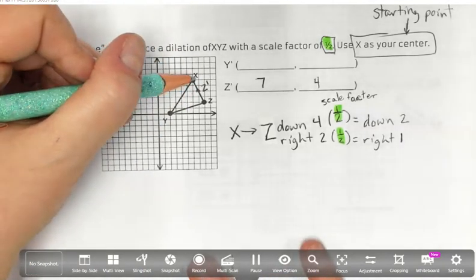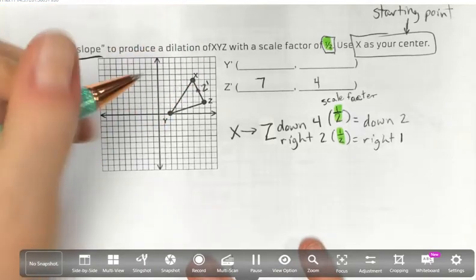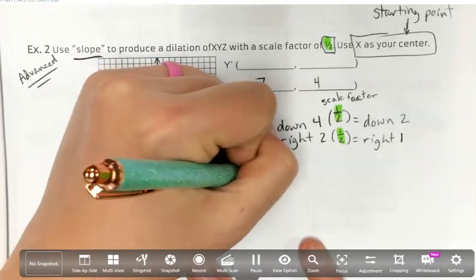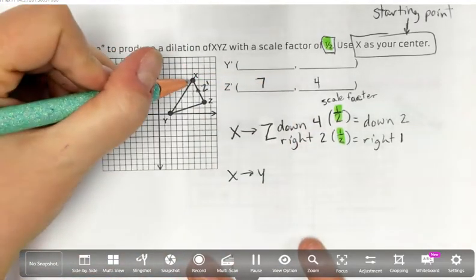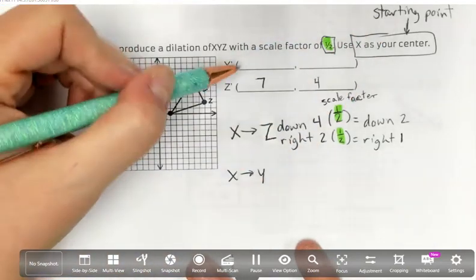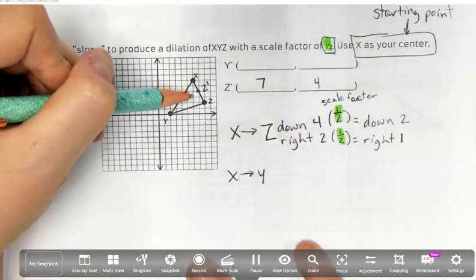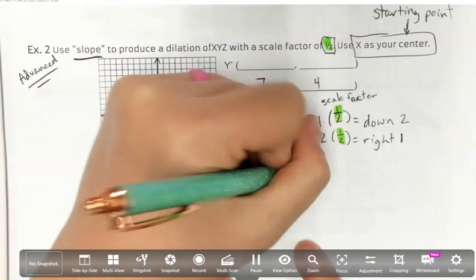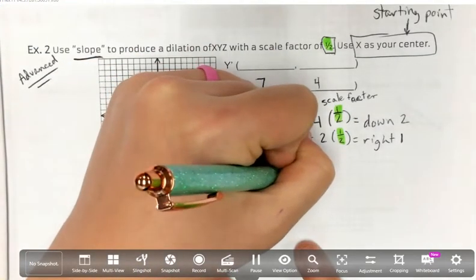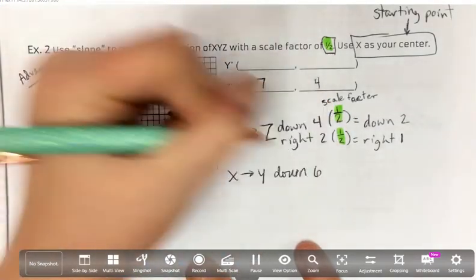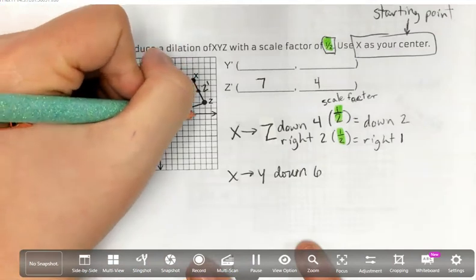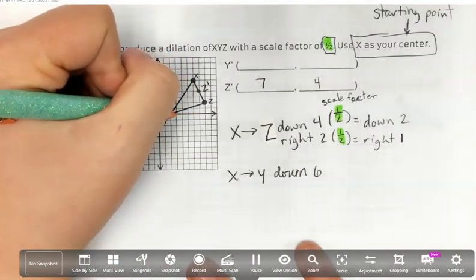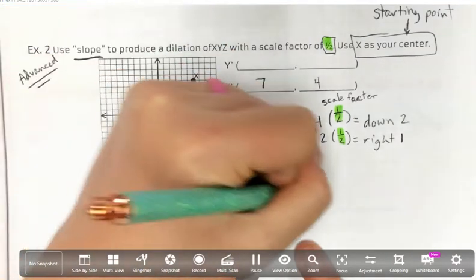All right, now we're actually going x to y. Starting with x, because x is our starting point, we're going to count down 1, 2, 3, 4, 5, 6. Okay, so down 6 and left 1, 2, 3, 4.